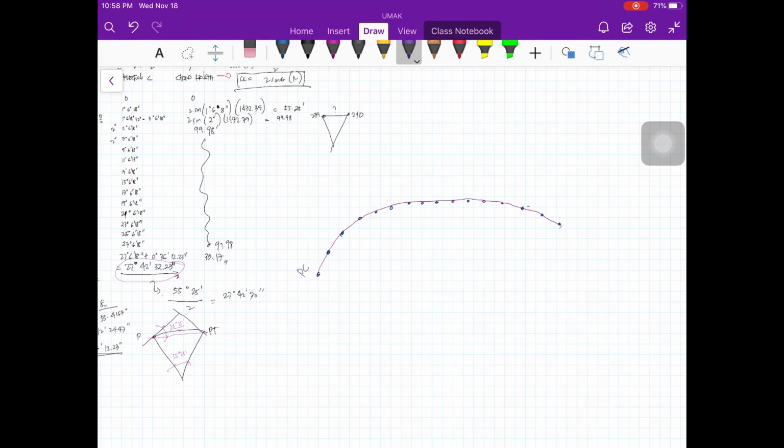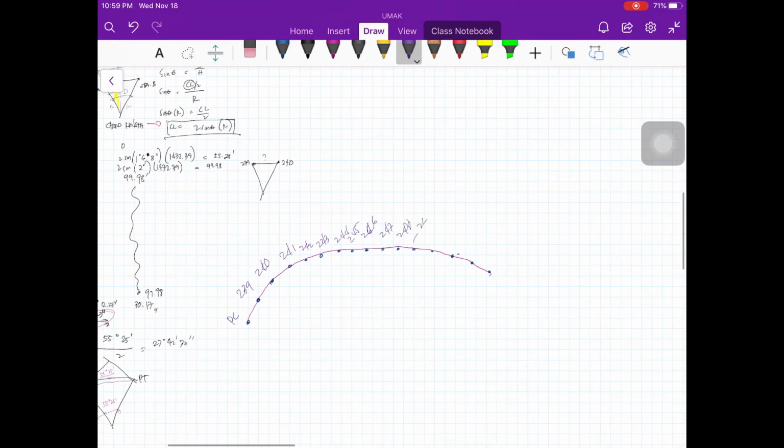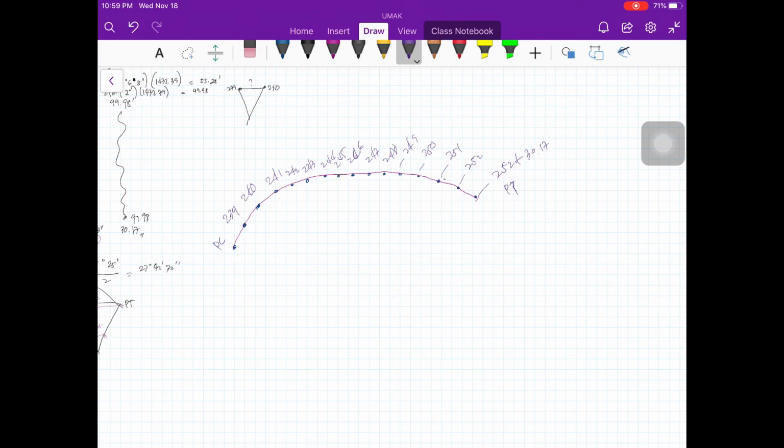If you have the PC here, you have the 239 station, 240 station, 241 station, 242, 243, 244, 245, 246, 247, 248, 249, 250, 251, 252, 252 plus 30.17, or the PT.